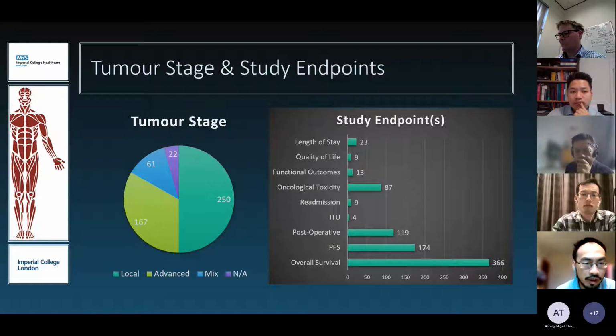Survival and progression-free survival are the main ones, because a lot of these studies are done in patients who are just about to have surgery for their newly diagnosed cancer and have had a scan at that point. You get a fair amount that look at post-operative complications as well. And then there is the dedicated cohort for oncological toxicity, which covers both radiotherapy and chemotherapy issues, for example dose reductions or toxicities.